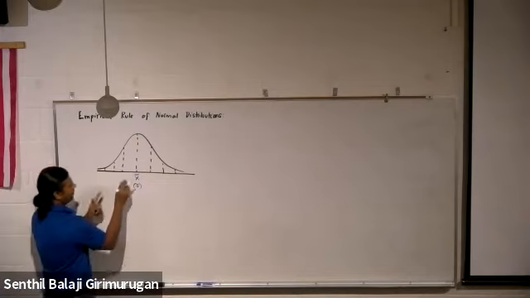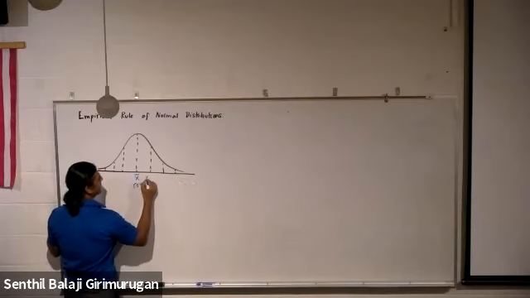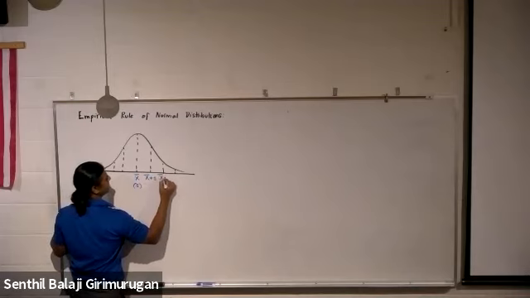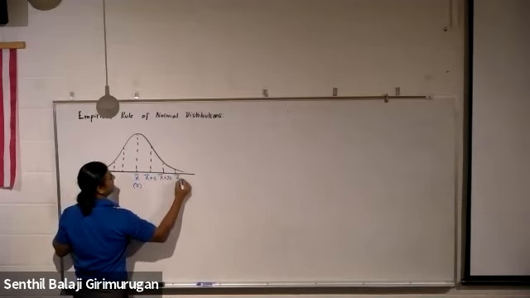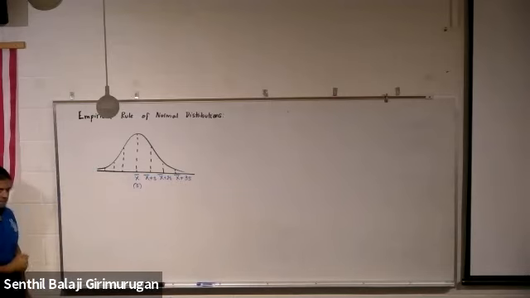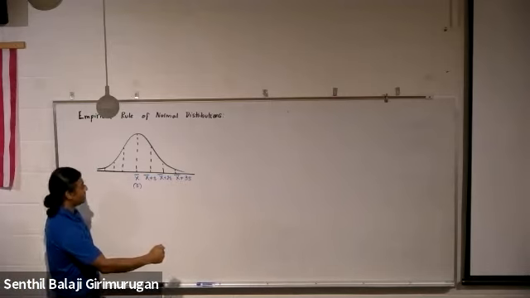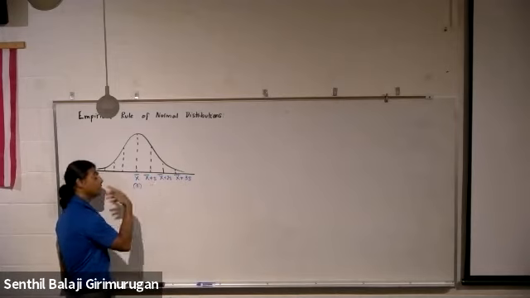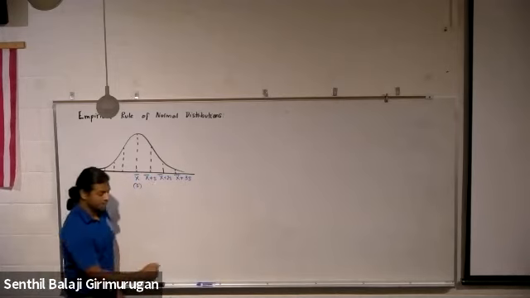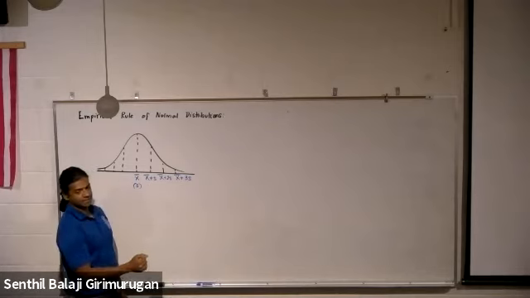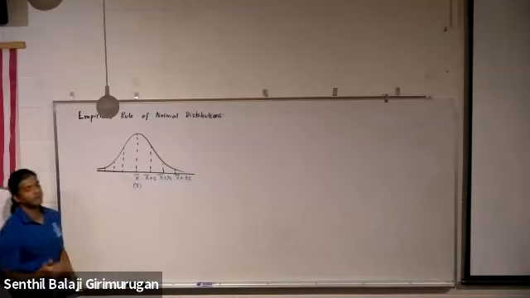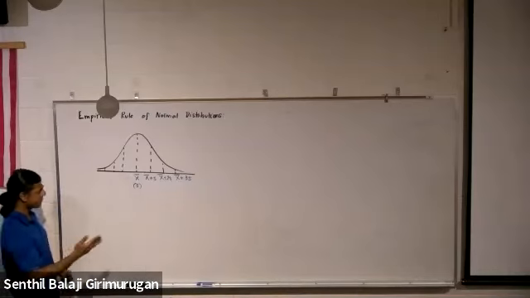Then those lines would correspond to X bar plus S, X bar plus 2S, X bar plus 3S. So from the mean, you take one step forward equal to a standard deviation. You're not just moving by one unit, you are moving by S units, where S is the standard deviation.